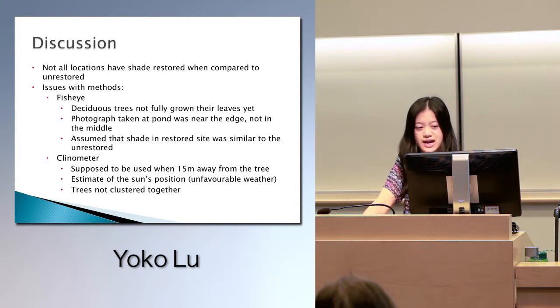So for fish-eye, because we did the project in April, deciduous trees were not fully grown, so we did not know how it impacts in the summer. And for the graph for the fish, the pond was near the edge, not in the middle, so the shade cover might not be relevant. And we assume the shade is very similar in restored and unrestored.